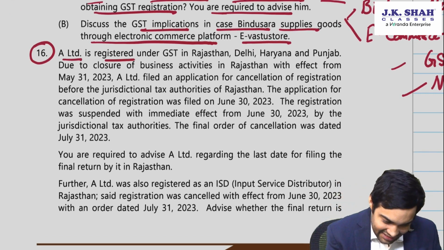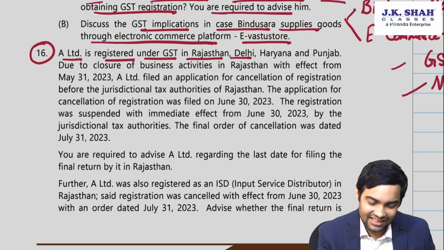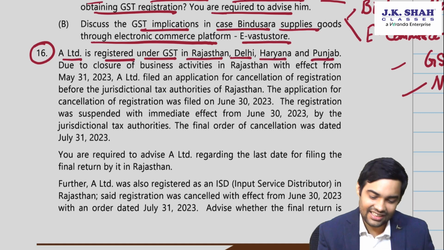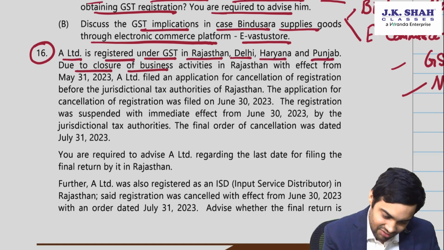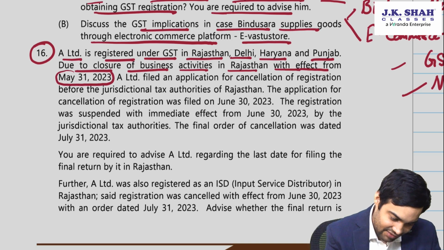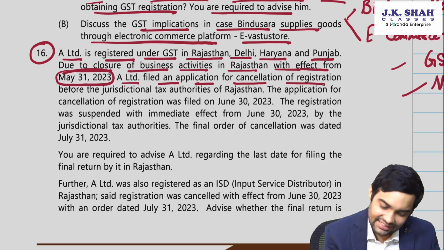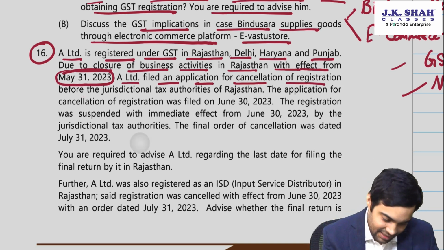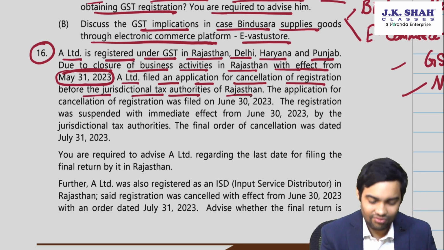A Limited is registered under GST in Rajasthan, Delhi, Haryana, Punjab. Due to closure of business activities in Rajasthan with effect from May 31st, 2023, A Limited filed an application for cancellation of registration before the jurisdictional tax authorities of Rajasthan.